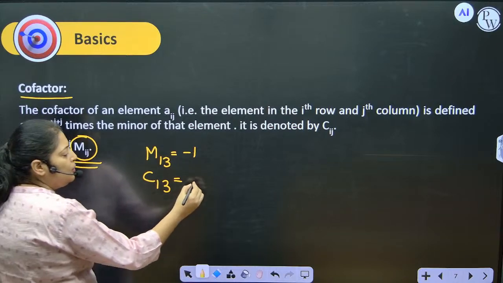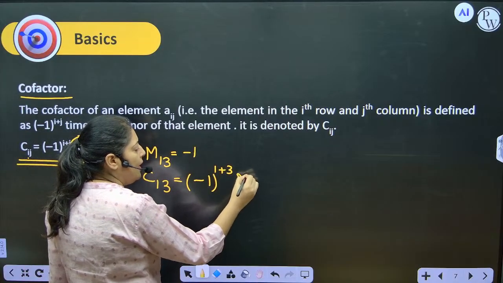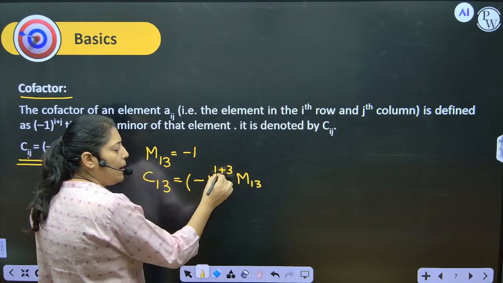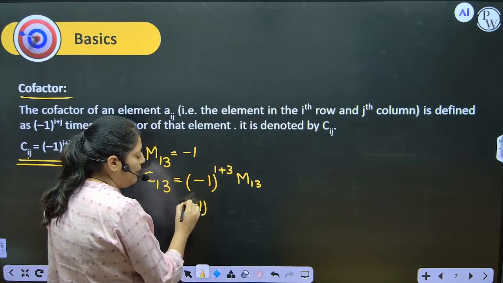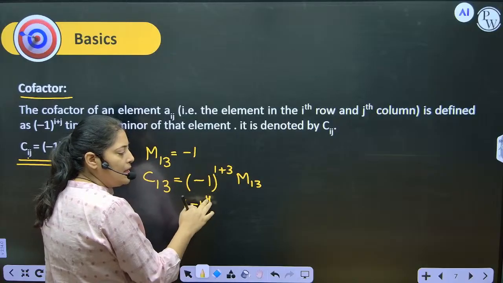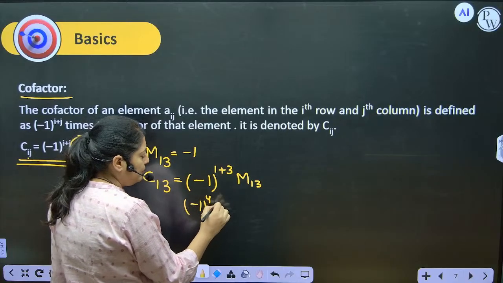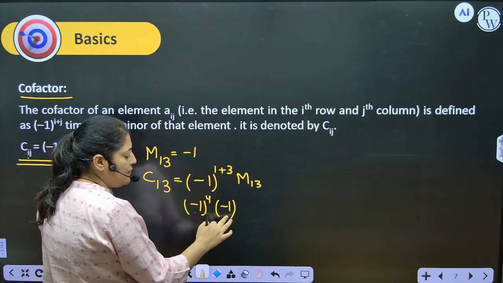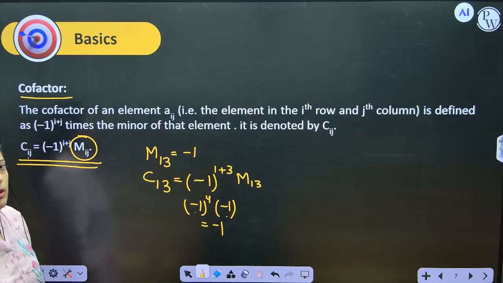What will we do? Minus 1 raised to power 1 plus 3 times M13. Minus 1 raised to power 4 is even, so it will become a positive number. So this is positive, this is negative. When you multiply, the answer will come out to be minus 1 only.